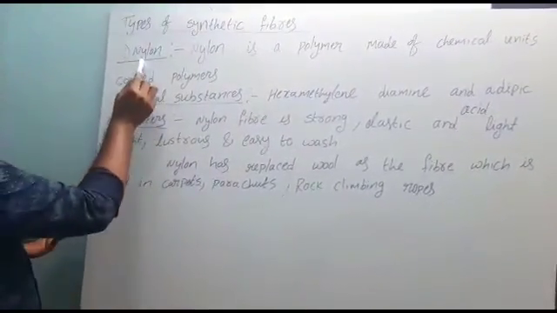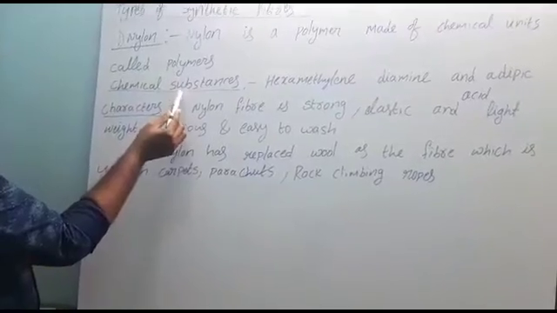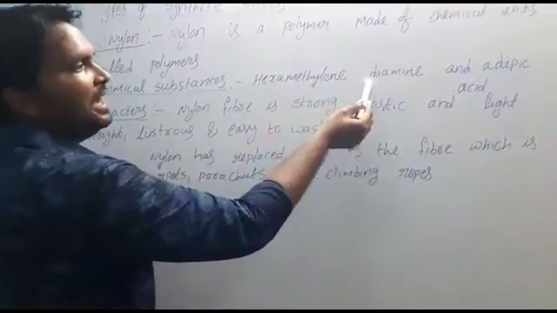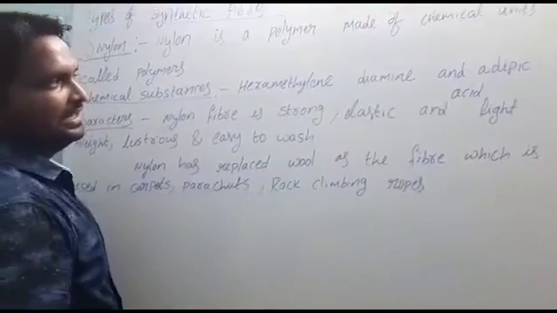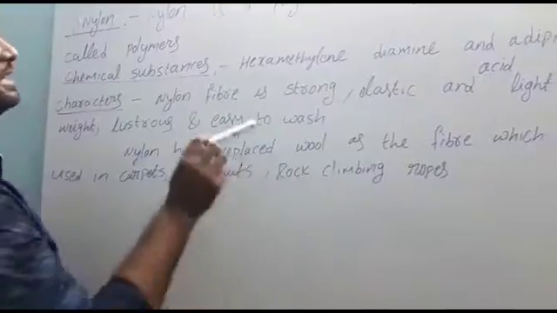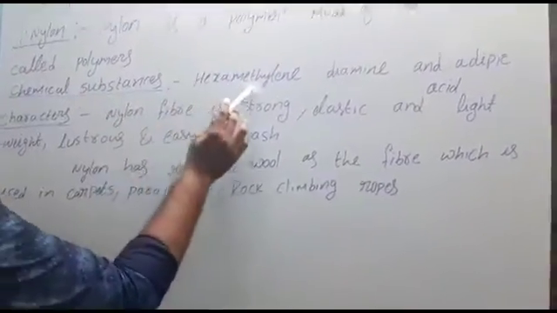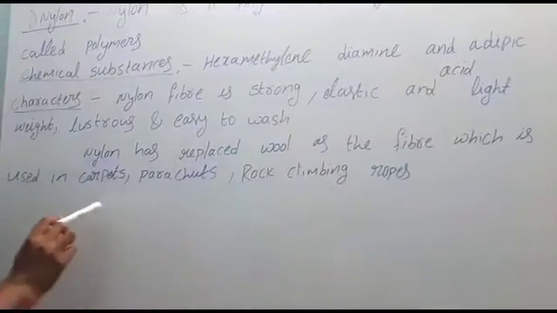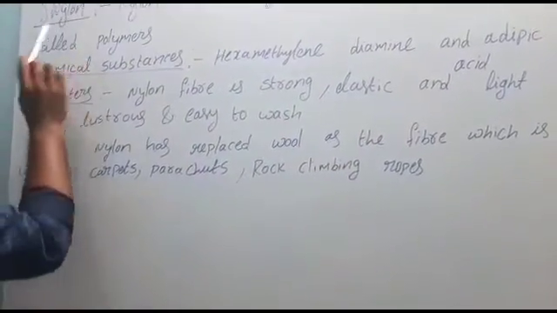What chemical substances does nylon contain? Nylon contains hexamethylene diamine and adipic acid. These two main chemical substances are in nylon: one is hexamethylene diamine and the other is adipic acid.